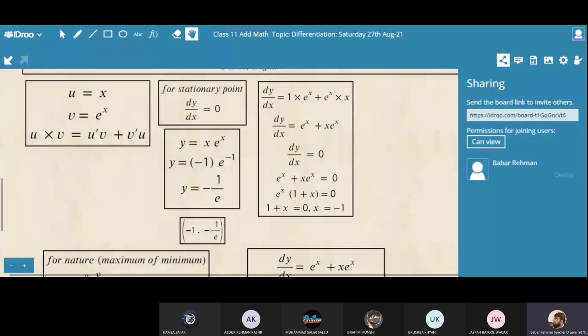Hamza Zafar, can you hear me? What is your answer? Kindly check your answer as well. Minus x plus 1 all over 2e minus 2e squared. Have you checked your answer is correct?